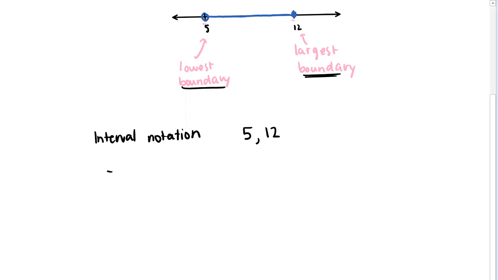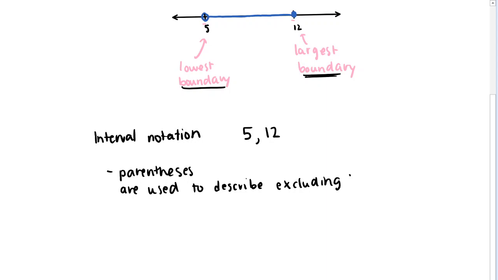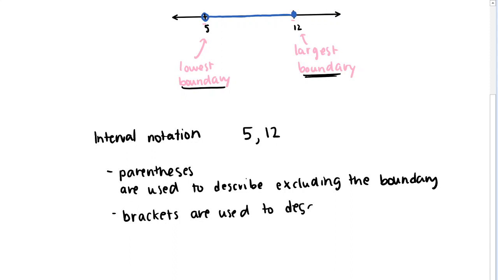Maybe I'll just say it in words. So parentheses are used to describe excluding that boundary value. And then brackets, square brackets, are used to describe including the boundary.